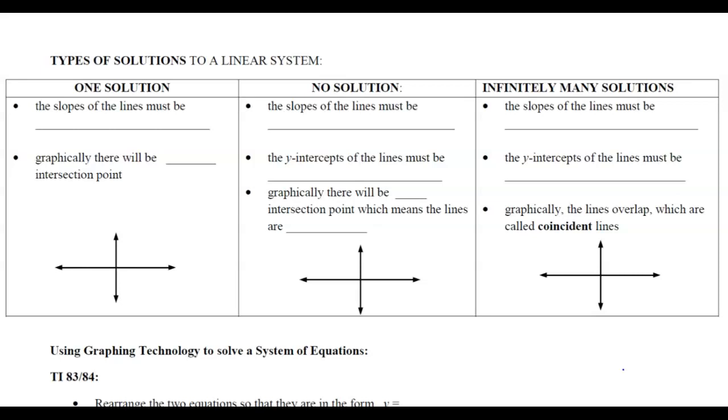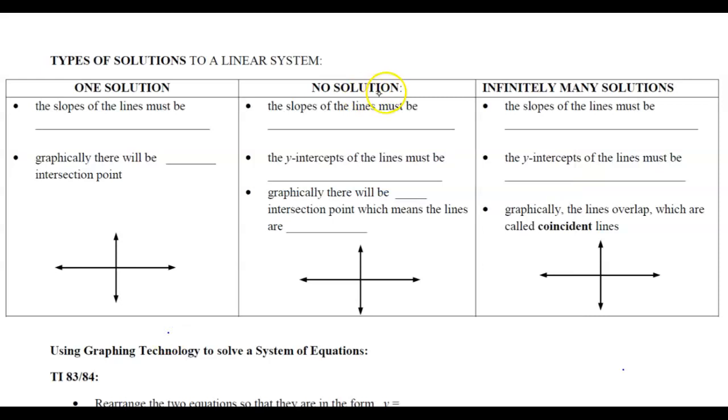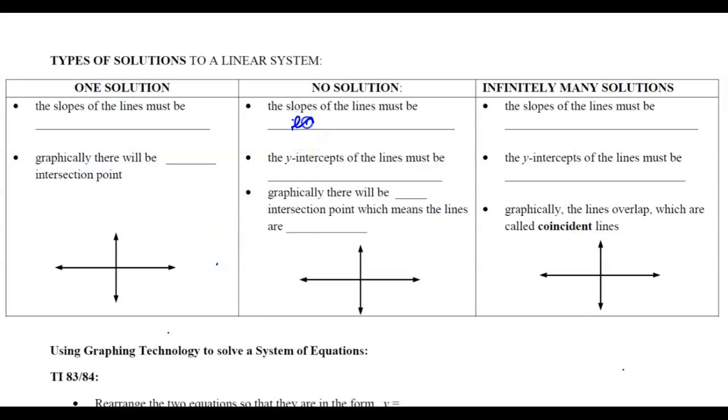So the slopes of the lines, if you take a look back. So for no solution, they were parallel. So the slopes must be the same or equal. I'll just put equal. Okay. The y-intercepts must be different because they're different lines.